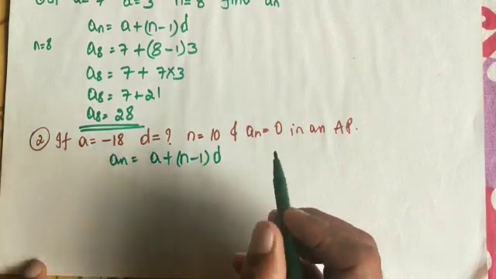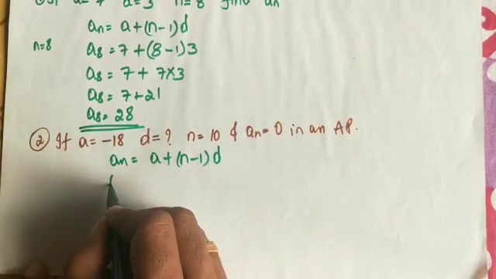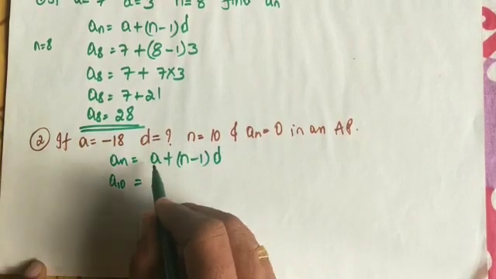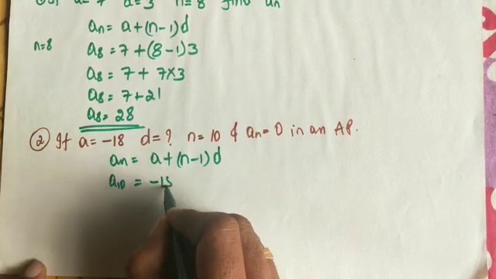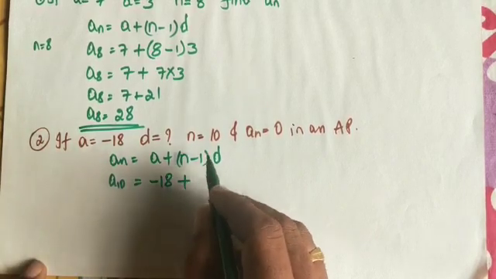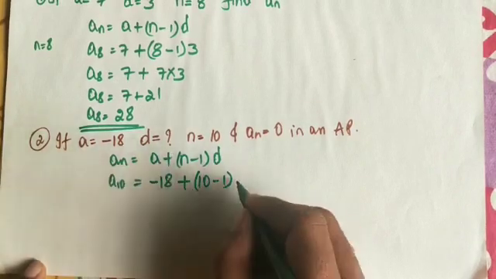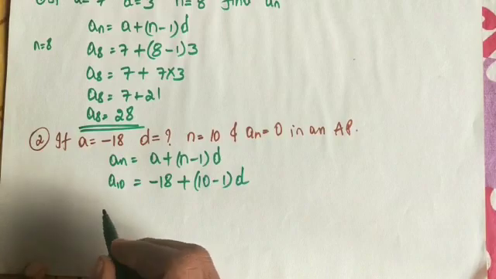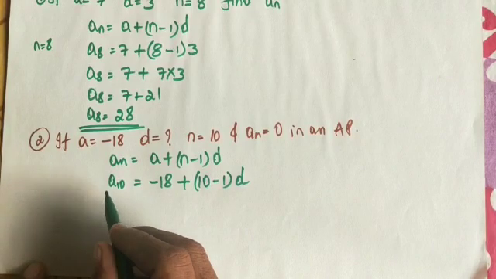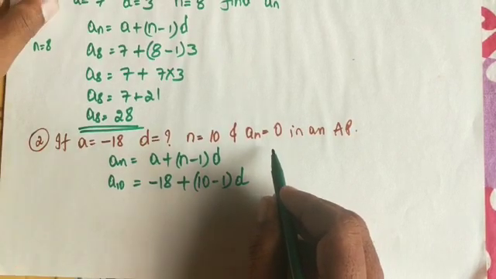Where n is 10, a10 is equal to minus 18, which is already given, plus 10 minus 1, and d is what we have to calculate in this problem.